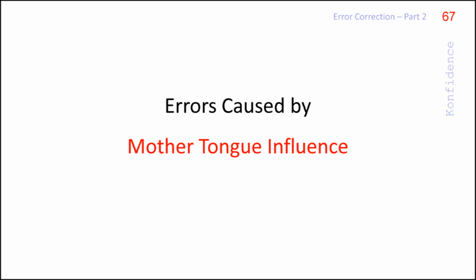The unique features of our mother tongue, like grammar, sentence patterns, and usages, influence our English. We generally think in our mother tongue and then translate our mother tongue thoughts into English. This is an erroneous practice.